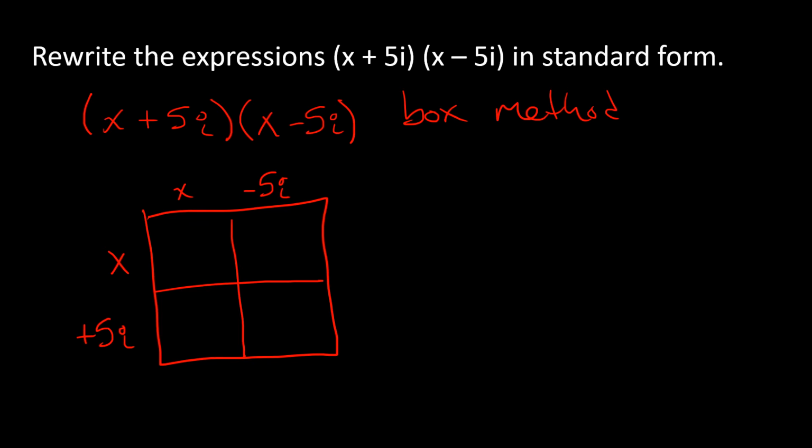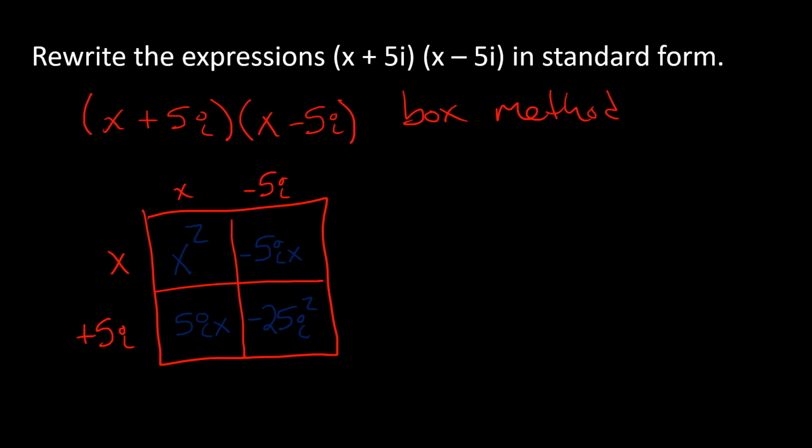We'll do x times x, which is x squared. x times negative 5i would be negative 5ix. x times 5i would be 5ix. And 5i times negative 5i would be negative 25i squared.